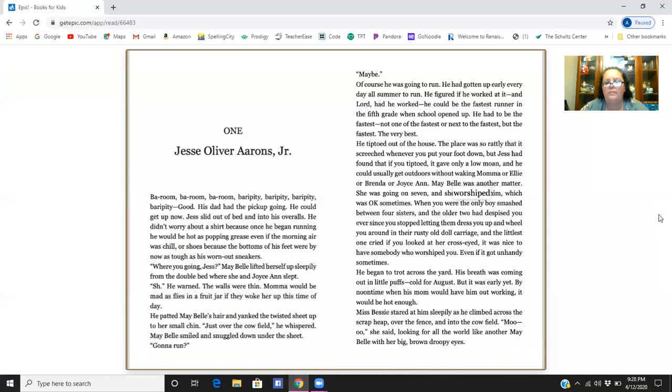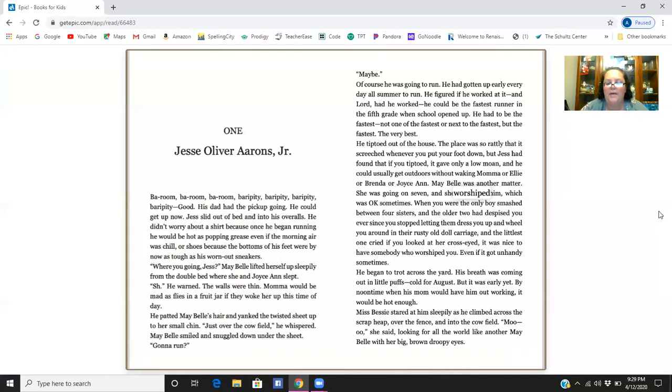When you were the only boy smashed between 4 sisters, and the older 2 had despised you ever since you stopped letting them dress you up and wheel you around in their rusty old doll carriage, and the littlest one cried if you looked at her cross-eyed, it was nice to have somebody who worshipped you, even if it got unhandy sometimes. He began to trot across the yard.